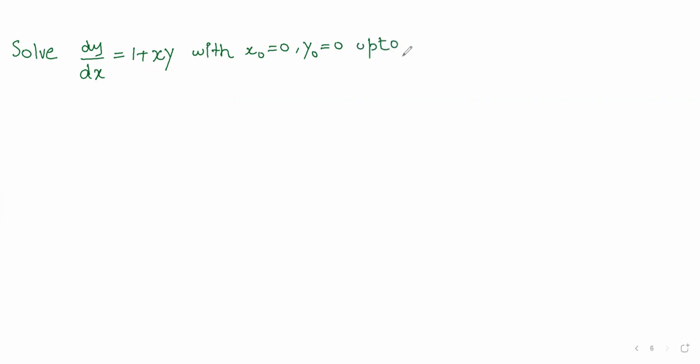So our next question is, solve dy by dx is equal to 1 plus xy, with x0 equal to 0, y0 equal to 0, up to the third approximation.